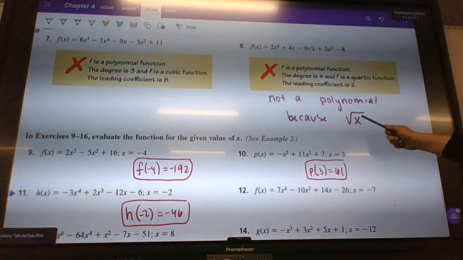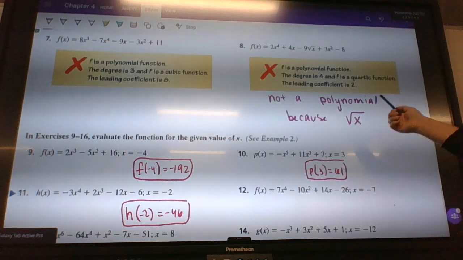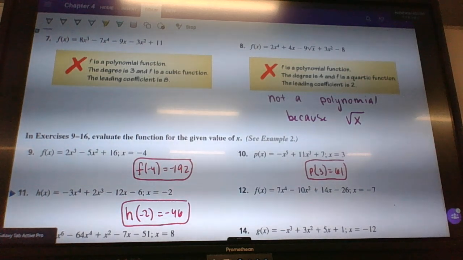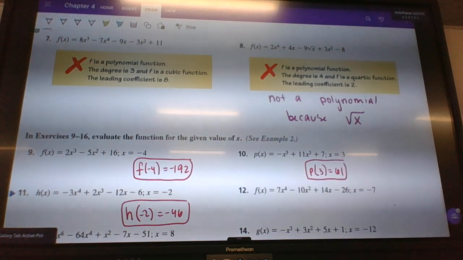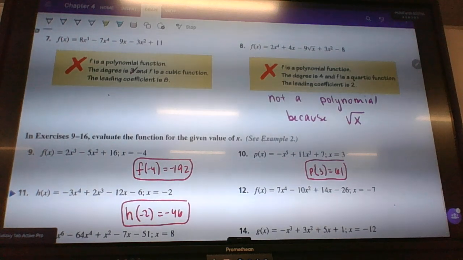This is how it functions. And then the thing wrong with this is that the degree is 4.